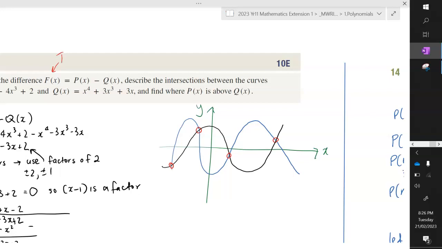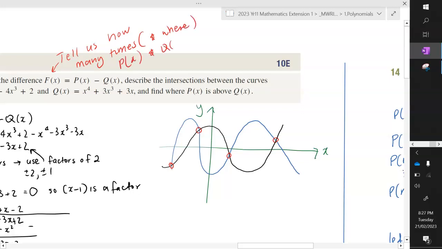The f of x tells us how many times and where p of x and q of x intersect.